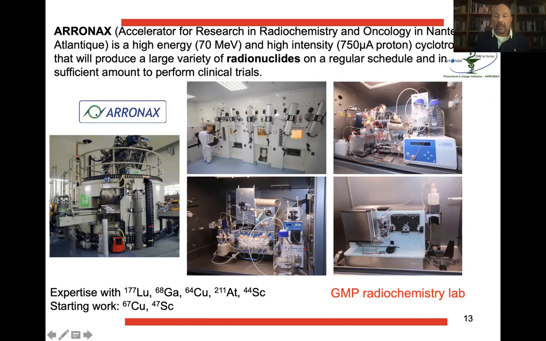You see, it's a very established system where you can extract the radionuclides, and you have a GMP radiochemistry lab. This is one of the few centers where you can get lutetium-177 that I described before, but there are also other copper isotopes that are also very important.